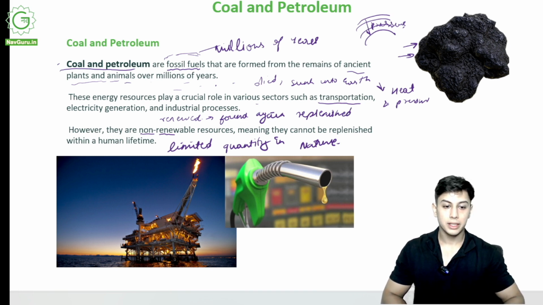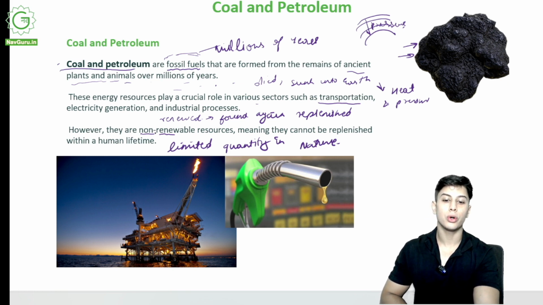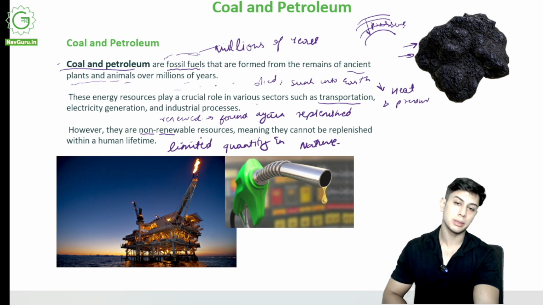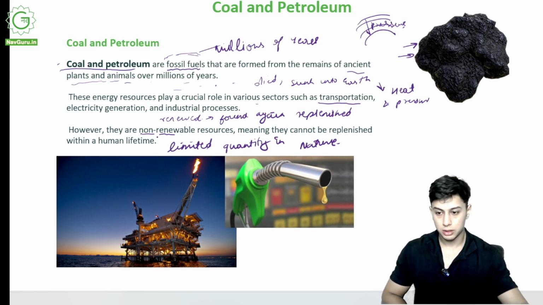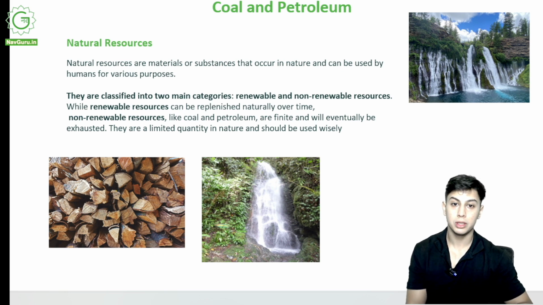Non-renewable means they cannot be renewed, not very fast. Renewable resources can be renewed very fast or in the nearest time. However, non-renewable resources will take a lot of time to be renewed, and in some cases they cannot be renewed altogether. So that was renewable and non-renewable. Coal and petroleum are both non-renewable resources.